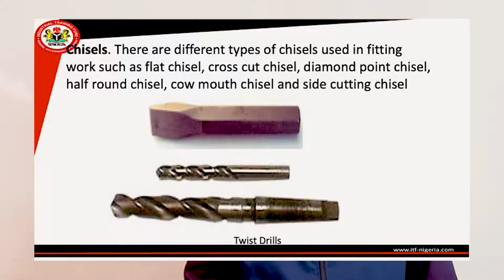As you can see from the screen, a typical example of a twist drill is available here. Twist in the sense that the body that is actually carrying out the drilling is twisted. This portion is referred to as a flute. As the drill is being driven into the workpiece, the cut chips pass through these flutes out of the workpiece to the outside.